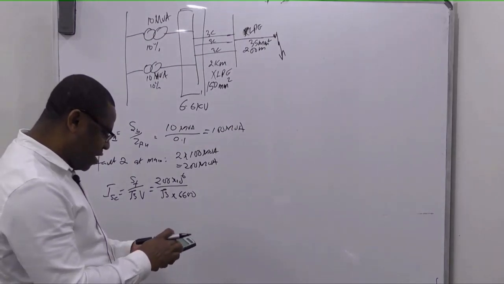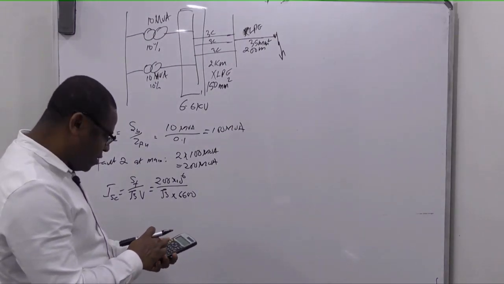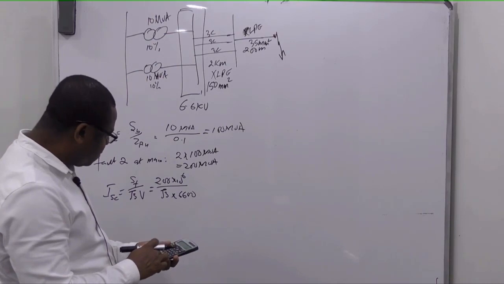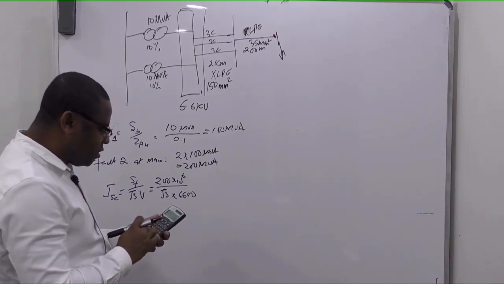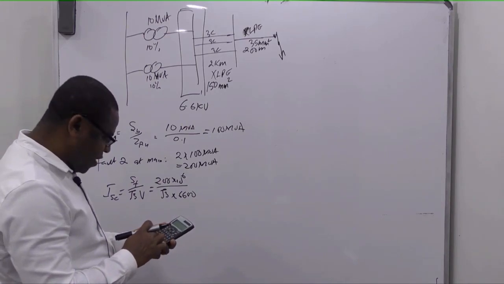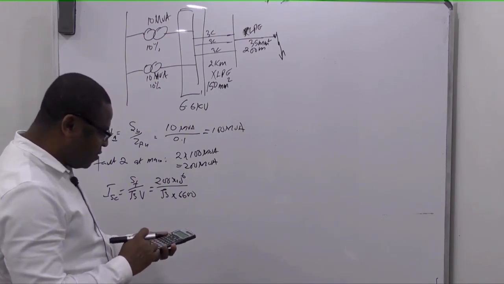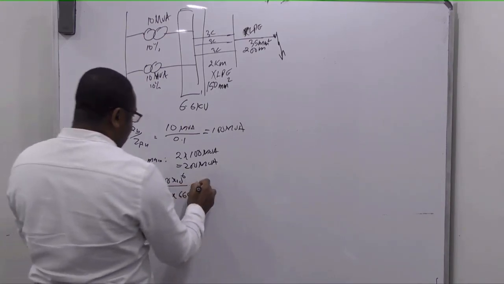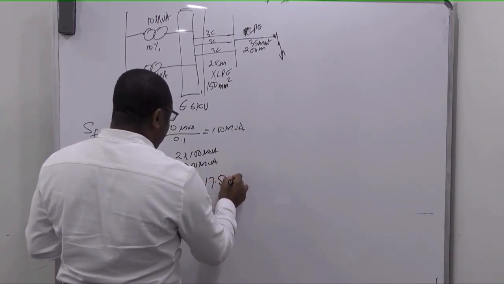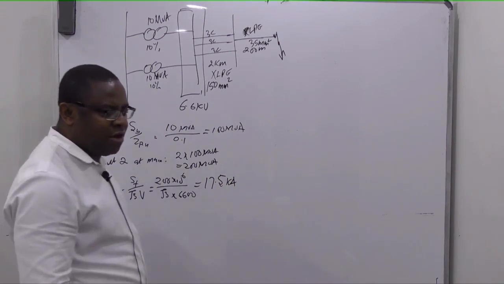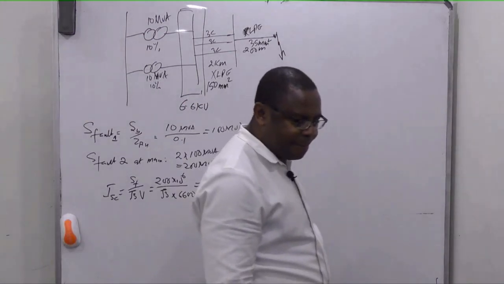So you have 200 exponent 6 divided by root 3 divided by 6600. You get about 17.5 kiloamps. So you can use a 20 kA board.